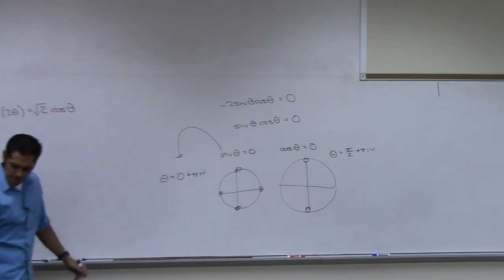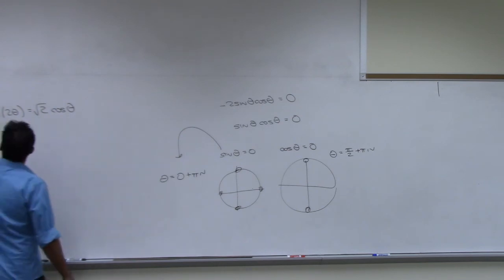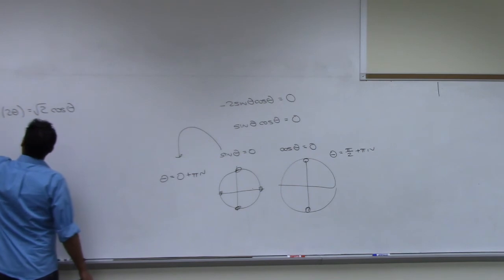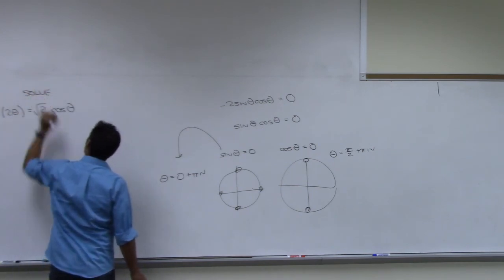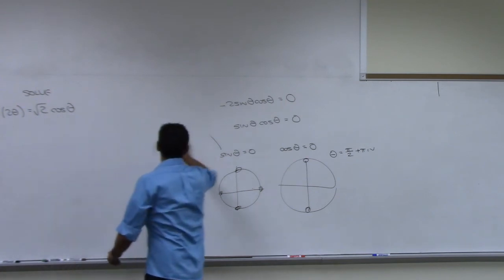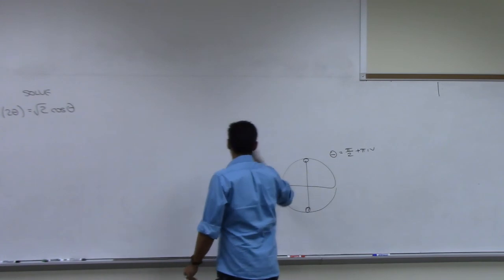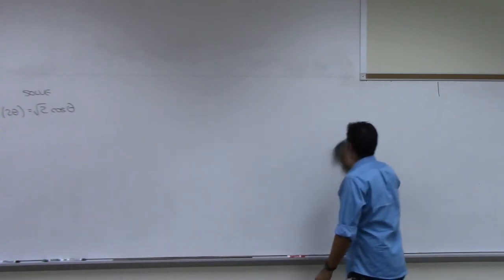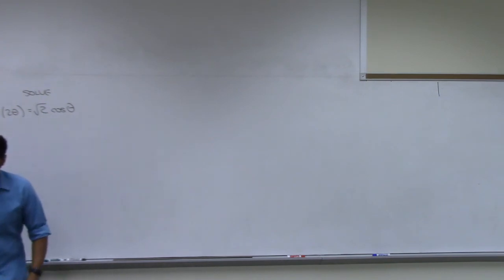This looks like it's number 74. And then solve this. The book is saying between 0 and 2 pi again. Find the values of theta that make this true.